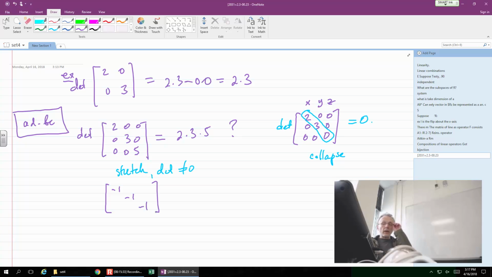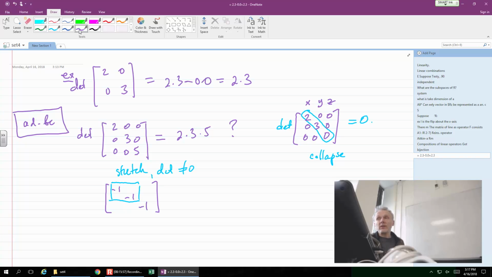It is the negative ones. The presence of negative 1 reverses the orientation of that plane, but if you have 2, then the orientation is preserved. If I'm talking about this 2 by 2 matrix, remember what it is.